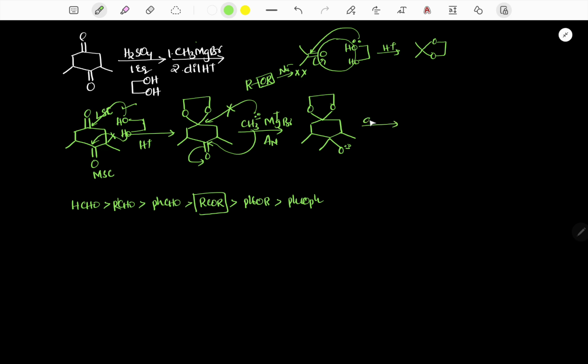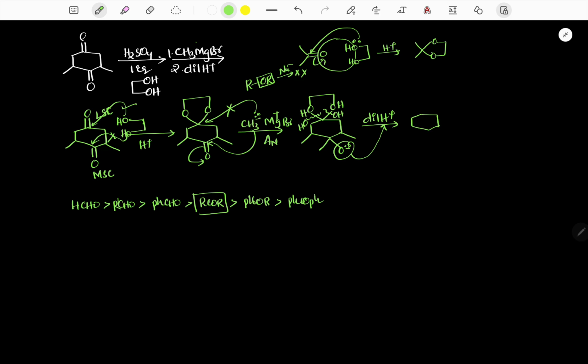Now we are adding dilute H+. Of course, here O- takes the proton, and the other one is an ether, so the ether undergoes hydrolysis, ether cleavage in acidic medium. So here hydrogen, here OH, here hydrogen, and here OH.